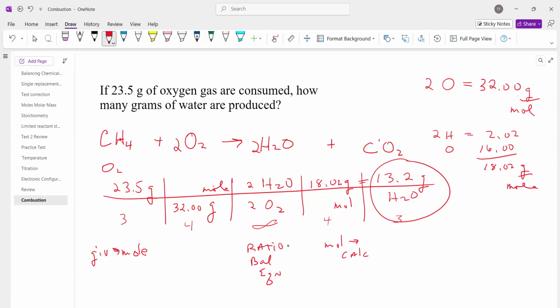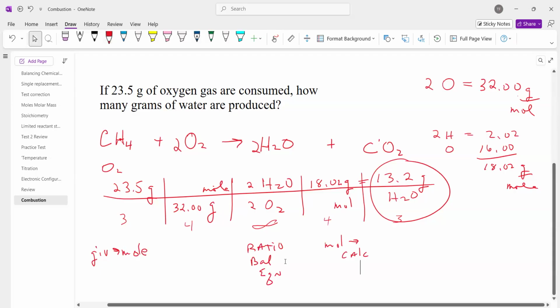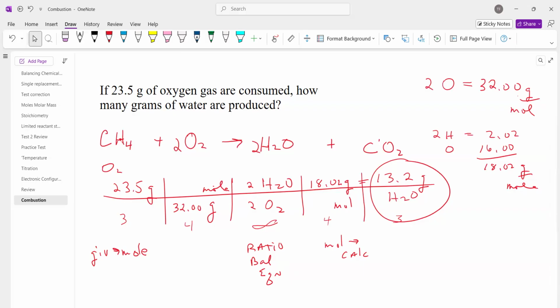Given to moles, step number 1, ratio from the balanced equation, making sure the given is on the bottom so it cancels. Then we're going from moles to what we're trying to calculate. And this is what the second part of the dry lab is all about, practicing a whole bunch of these. And again, look for the pattern. Look for the pattern. It'll always be there.